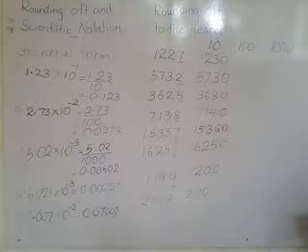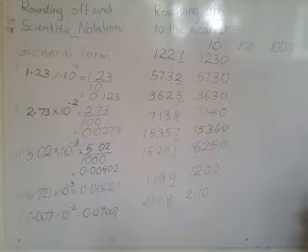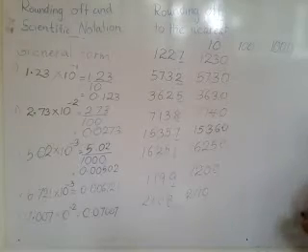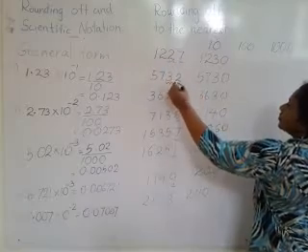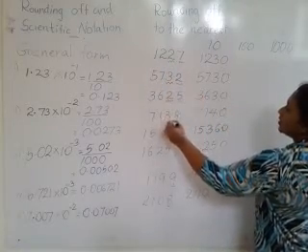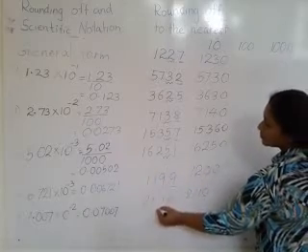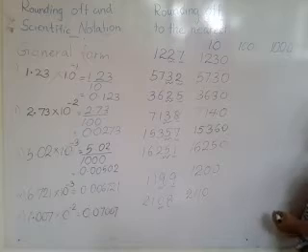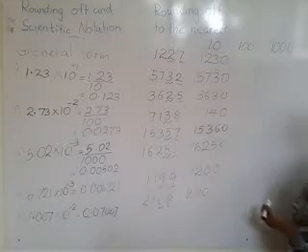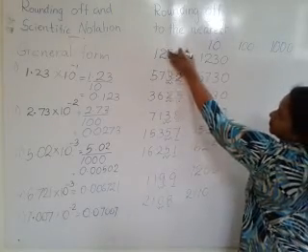And now rounding off to 100 is also the same way. Here we have to consider the second number from the back. I will underline that. Then here also we have to consider whether it is more or less. Less than, so no change to the previous number.